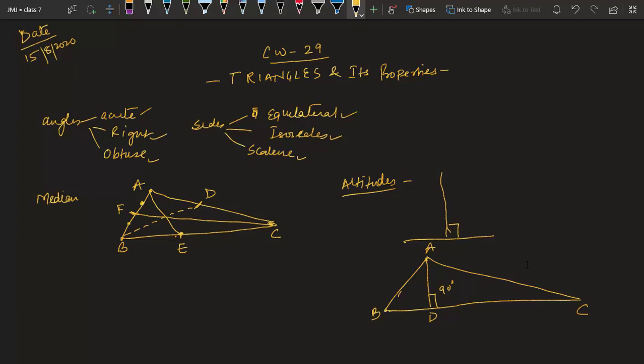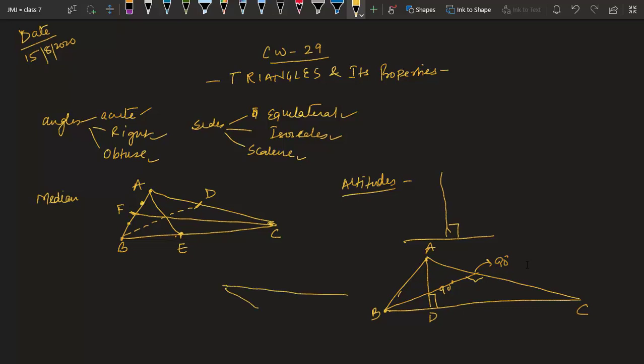Similarly, if from point B I draw a perpendicular on opposite side like this, and this angle is 90 degree, we call this also an altitude. And last, from C also you can draw an altitude. In the last class I have told you that altitudes may come out of the triangle also in such cases.